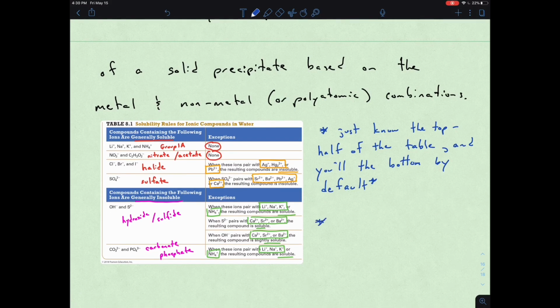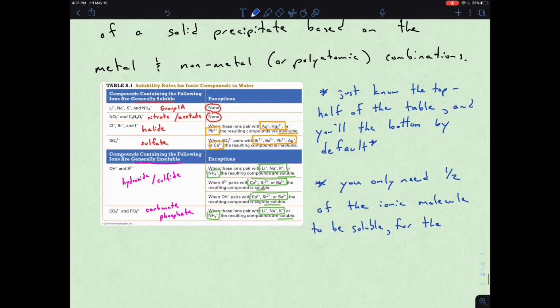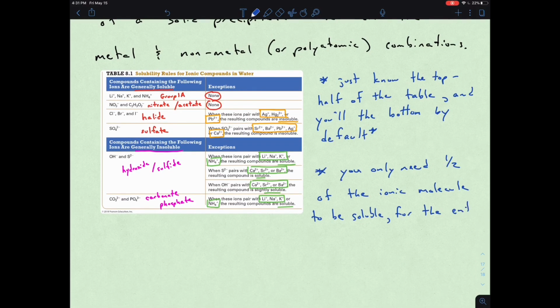The other thing is you only need one half of the ionic molecule to be soluble for the entire molecule to be soluble.